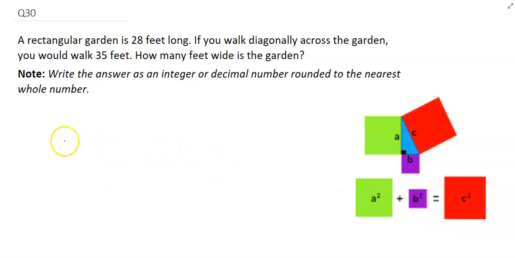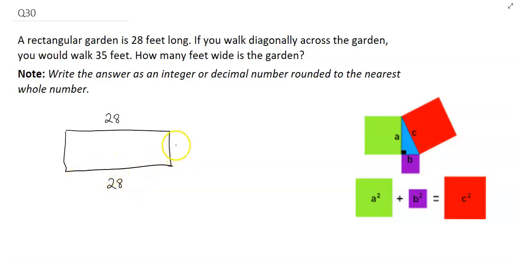So let's read the problem. I have a rectangular garden. The length of the garden is 28 feet. So it's 28. The length we adopt to be the longest side. If you walk diagonally across this garden, you're going to walk 35 feet.